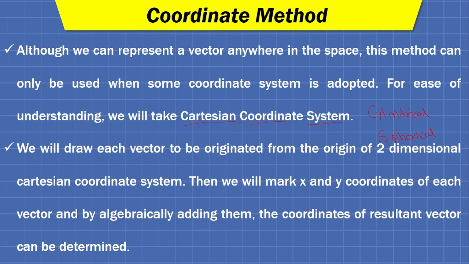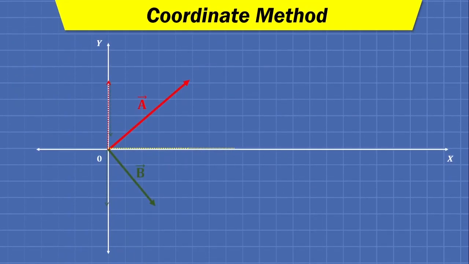So let us see how we can find the addition of two vectors with the help of coordinate method. Here I have taken two vectors a bar and b bar. So what is the first step? We will first draw the x and y coordinates of both the vectors. So these are x and y coordinates of vector a and b.